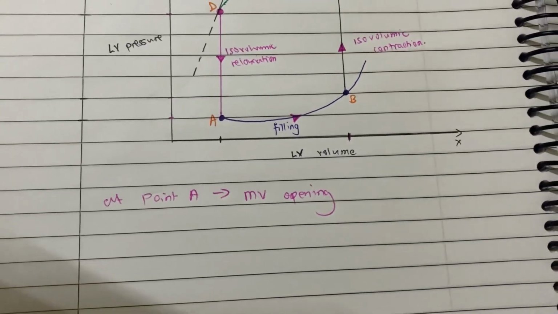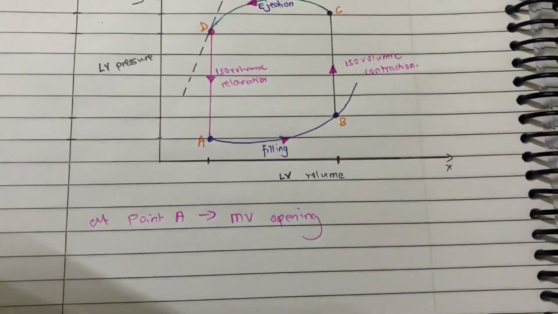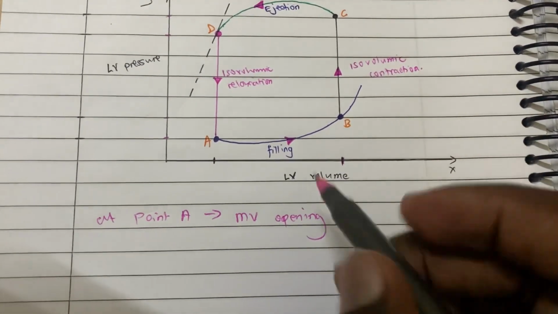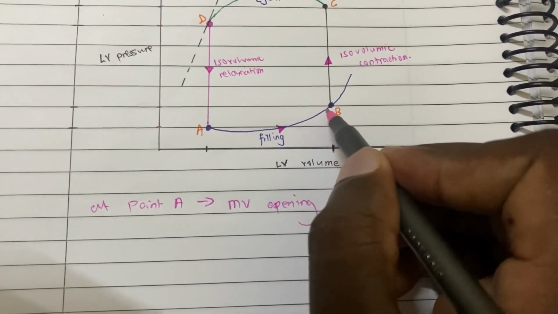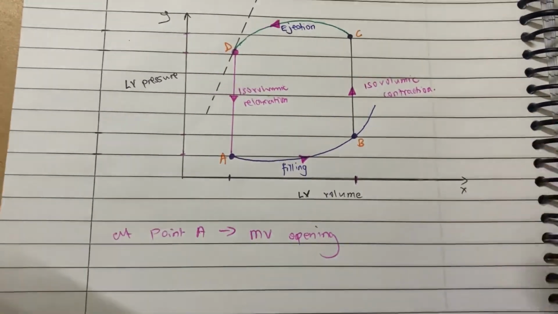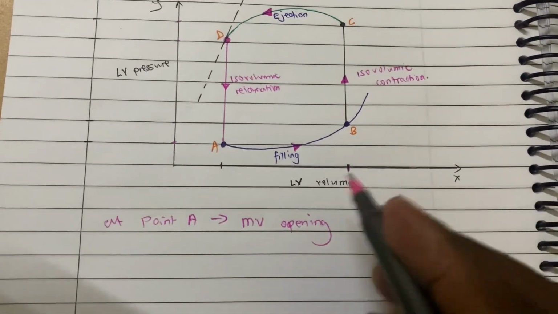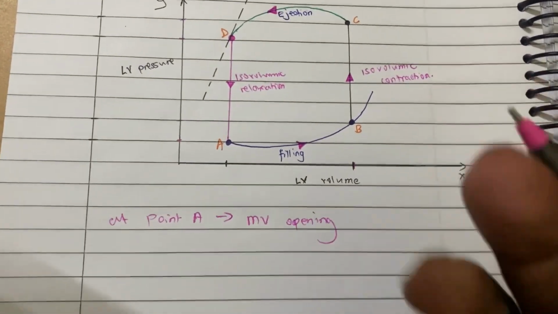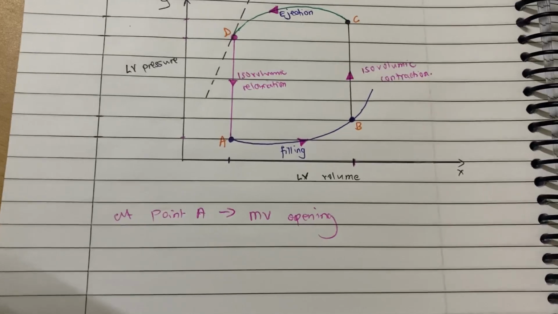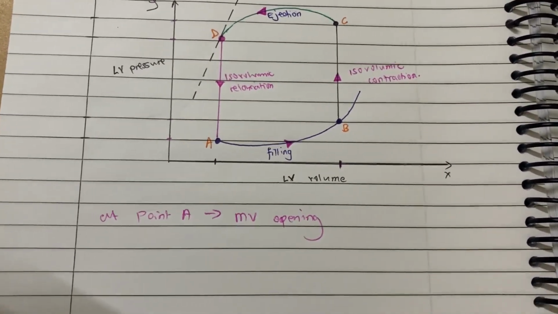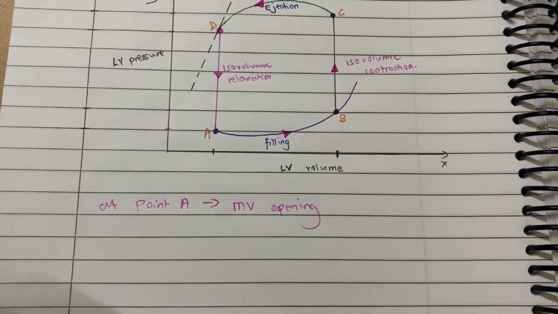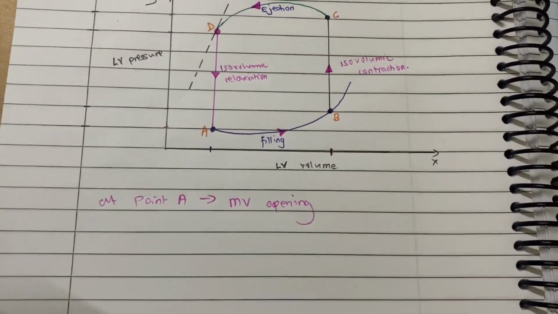What happens if it opens? Blood from LA fills the left ventricle, and this is why this curve is rising up. Because of filling, left ventricular pressure increases, but not so much. If it increases very fast, then something abnormal is there, like maybe diastolic dysfunction.